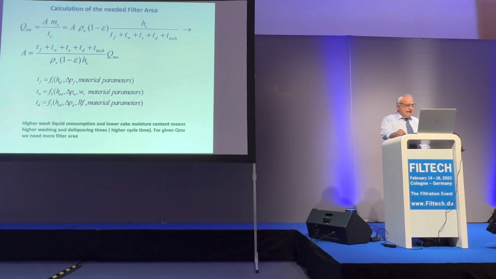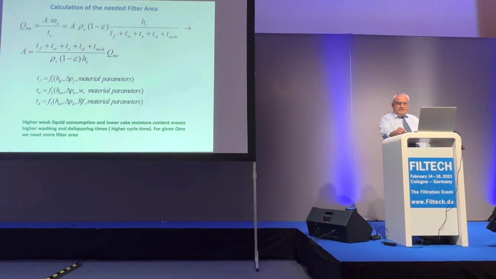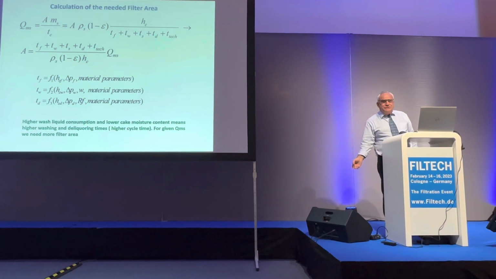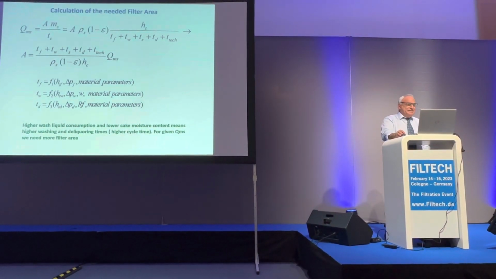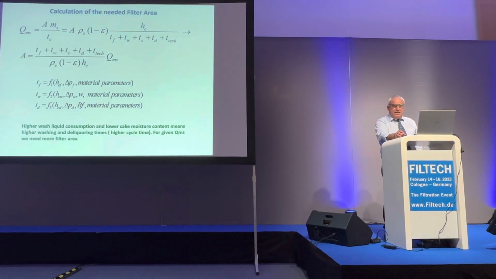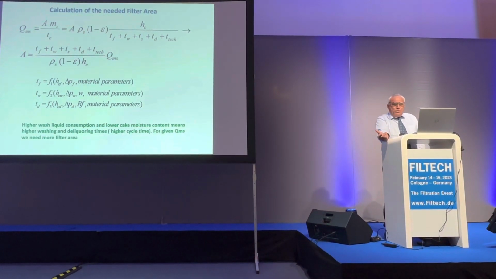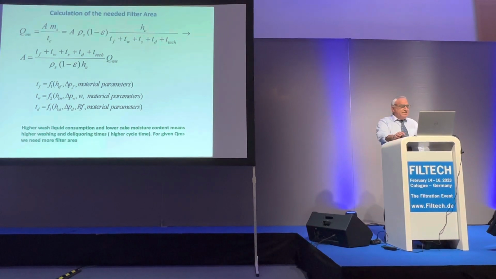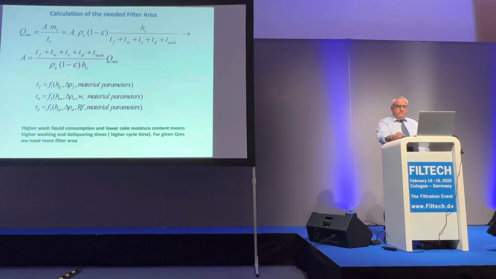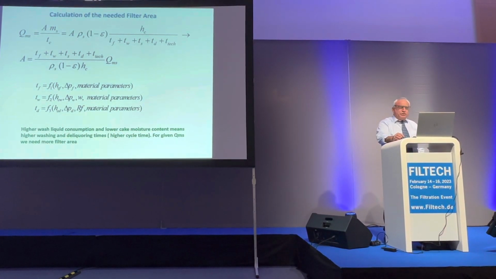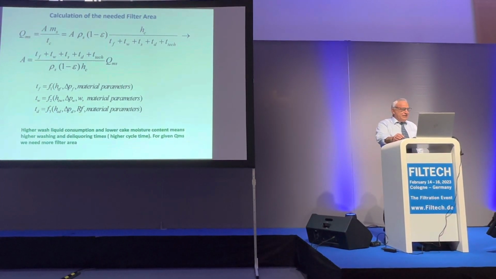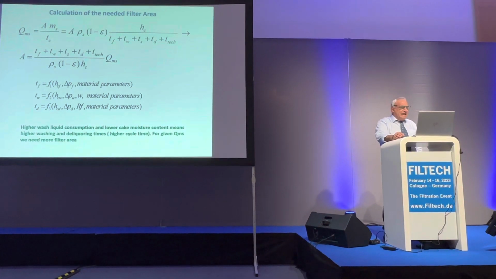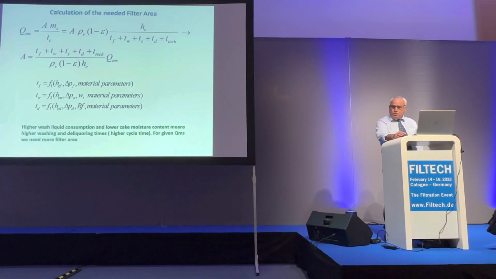The delivering time depends on the moisture content. If I want a very low moisture content, I need a high delivering time. High delivering time means low solid throughput. That means at the end we have to do a compromise. The same is the washing. If you want to use a high wash liquid amount, that is the specific parameter here, then you need high washing time. That means again low solid throughput. Yeah?